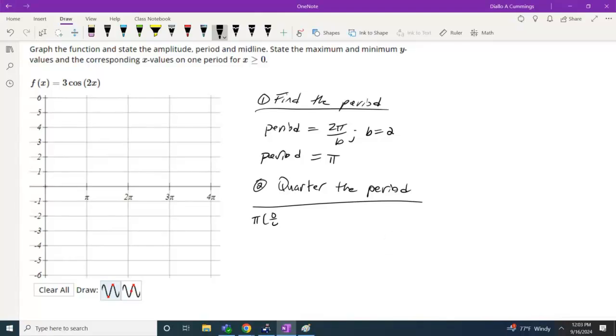So remember, that's pi times 0 over 4, pi times 1 over 4, pi times 2 over 4, which is a half, pi times 3 over 4, and then pi times 4 over 4, which is 1.